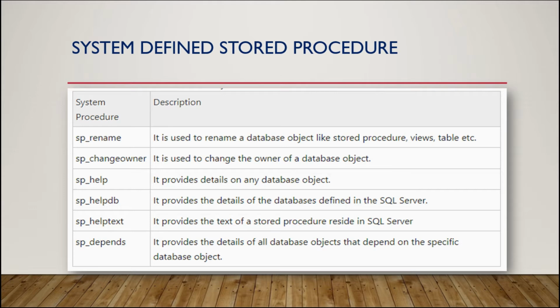Each stored procedure has its own function, like sp_rename is used to rename a database object like a stored procedure, view and table. Similarly, we have sp_help. It's used to provide details on any database object, and we have different kinds of similar SPs which have different functions. So that is how these system defined stored procedures work.